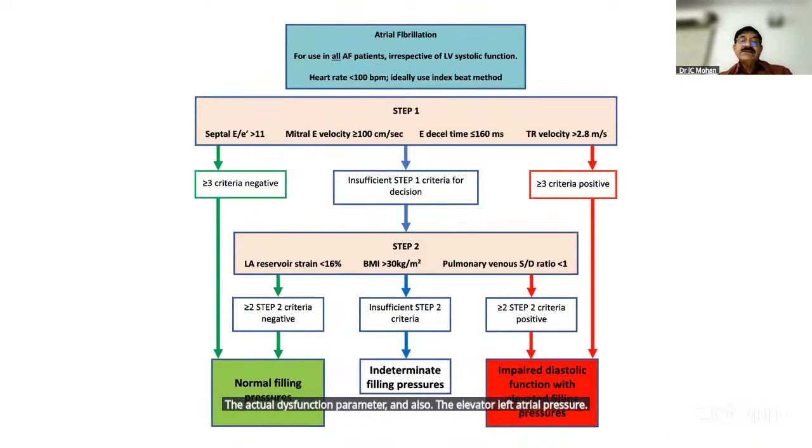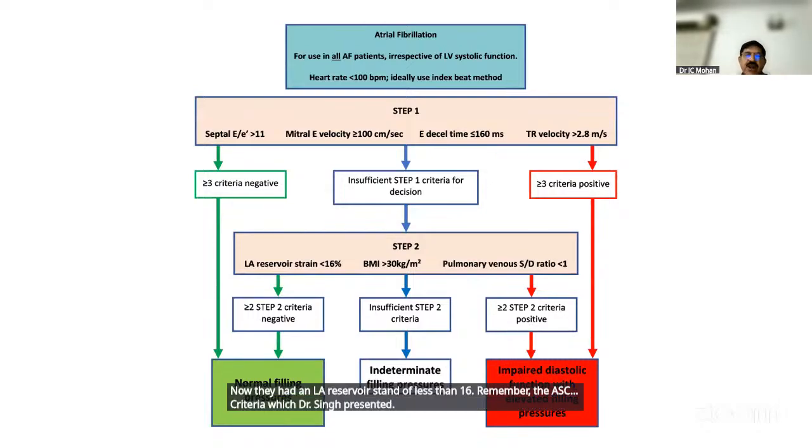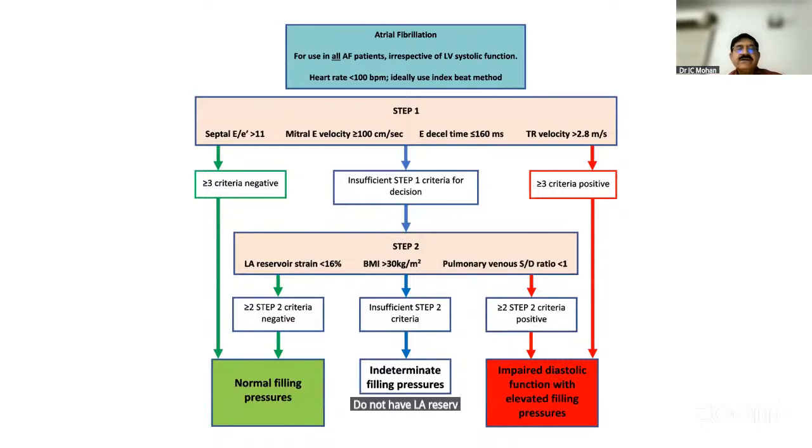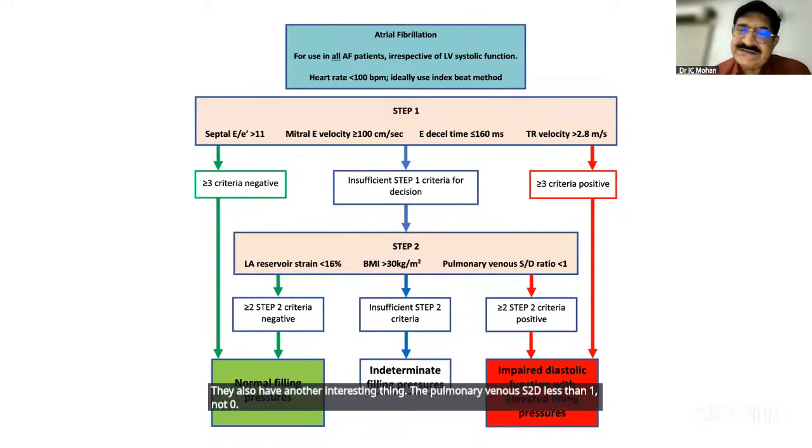In atrial fibrillation, the British Society of Echo actually did take into consideration something interesting. Now they had LA reservoir strain of less than 16. Remember, the ASC criteria which Dr. Singh presented did not have LA reservoir strain in atrial fibrillation. They also have another interesting thing. The pulmonary venous S to D less than 1, not 0.67 as ASC suggested.